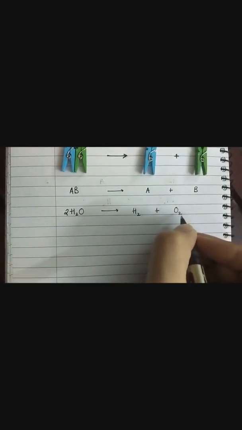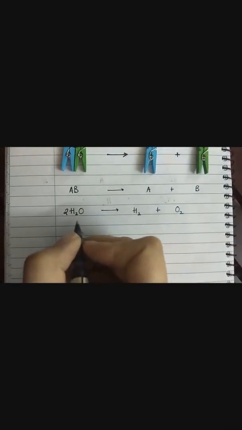There are 2 atoms of hydrogen on the left, 2 atoms of hydrogen on the right. 1 atom of oxygen on the left, 2 atoms of oxygen on the right. So let me make this oxygen as 2 by putting a 2 here. Now I have 2 atoms of oxygen on the left and 2 atoms of oxygen on the right. Now let us check for hydrogen once again.